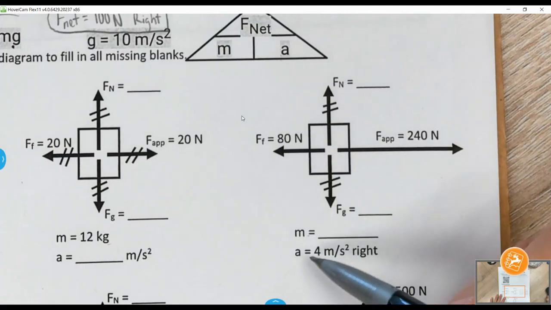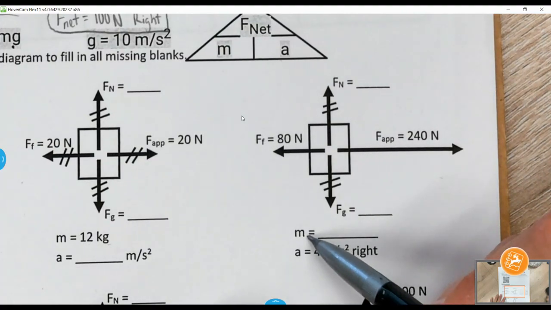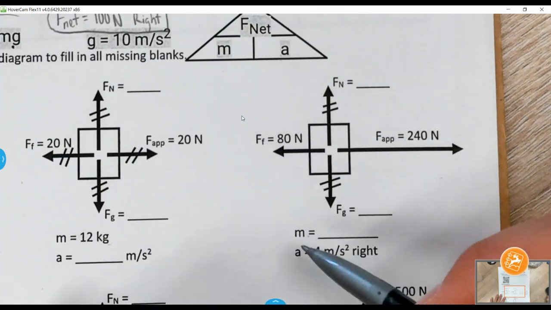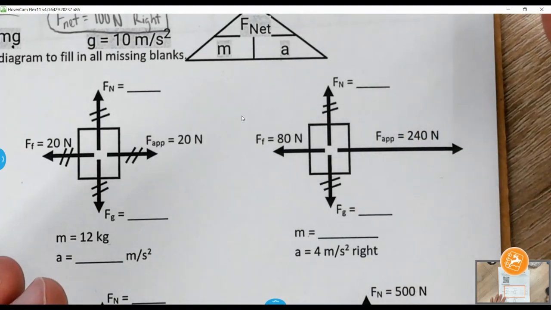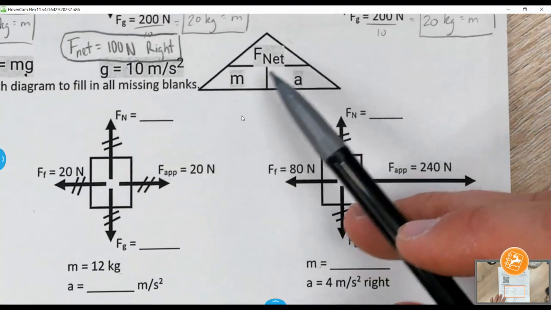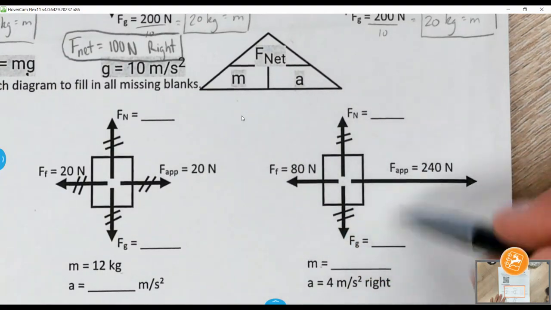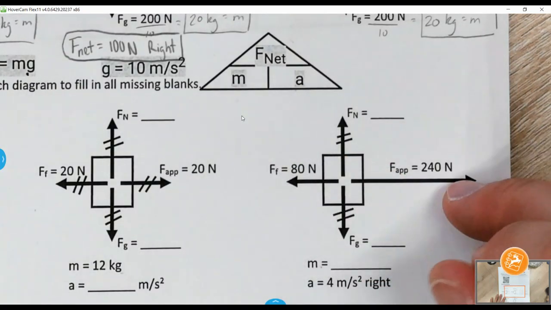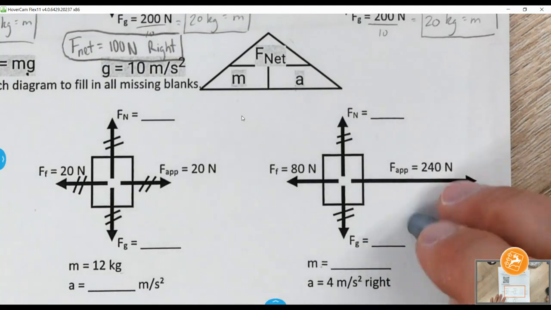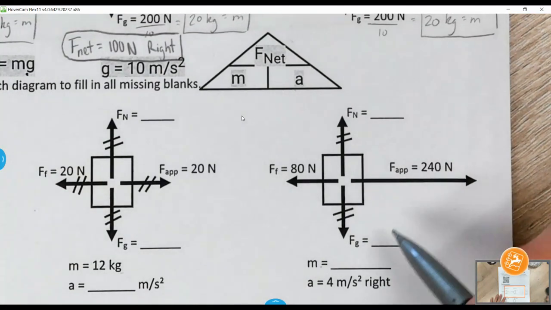I don't have mass. I have acceleration, but I don't have mass. So can I find the net force right off the bat? Net force is mass times acceleration, but does it look like all the forces are drawn there? They do look like they're all drawn there, but what don't we have?